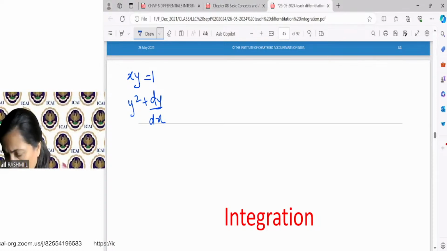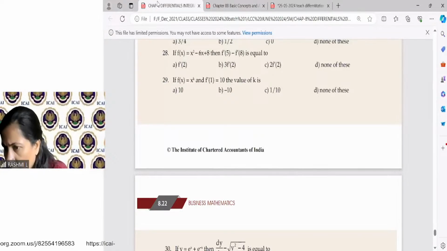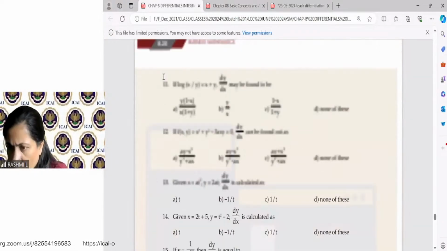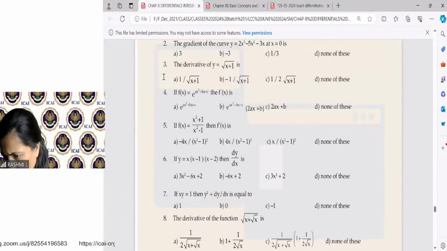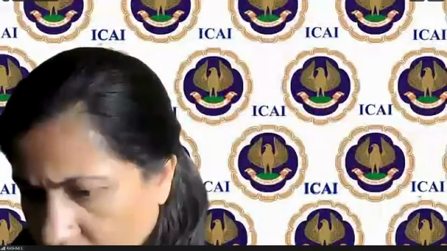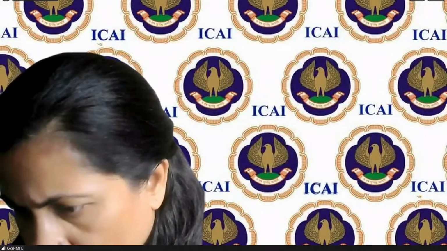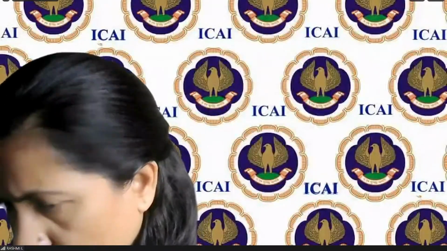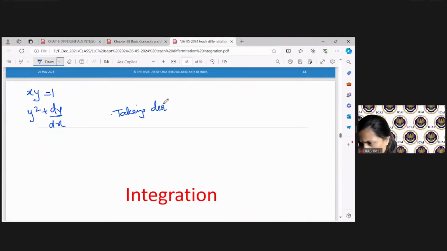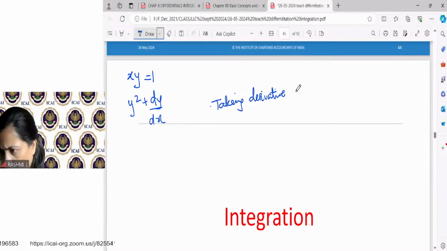This is the question. Seventh question. And y square plus dy by dx is equal to how much? Okay. On both sides.